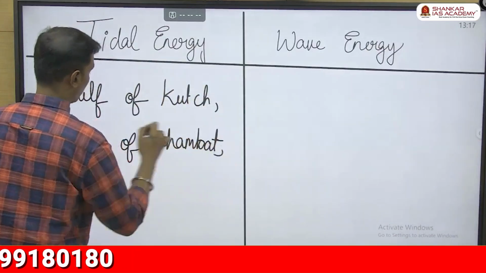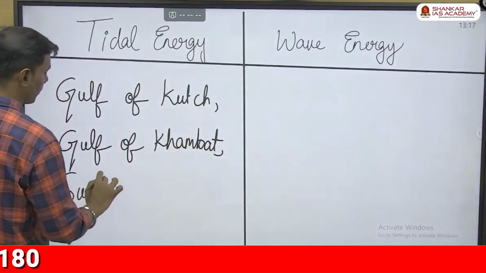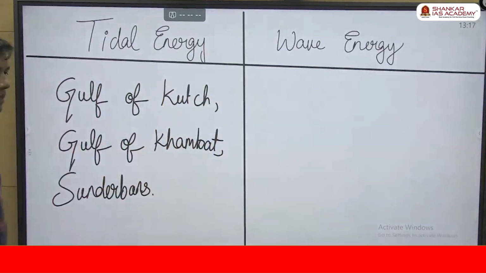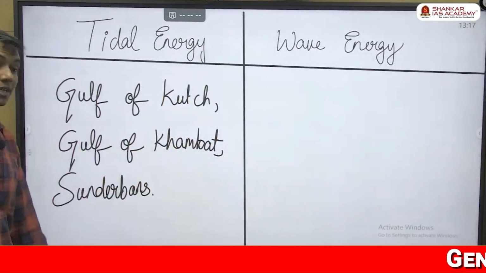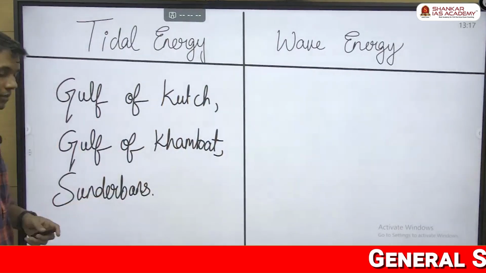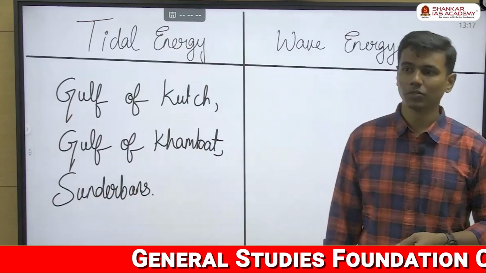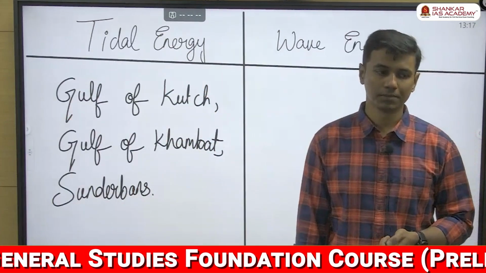Along with that, we also have a plant in Sundarbans. So why is Sundarbans important? Because India's freshwater tidal energy plant is located in West Bengal. We have freshwater tidal energy plants located in Sundarbans.